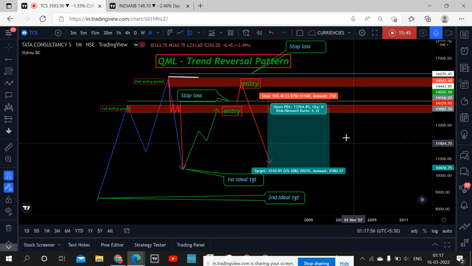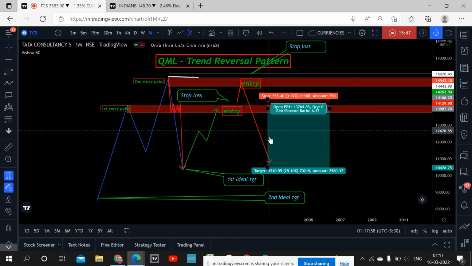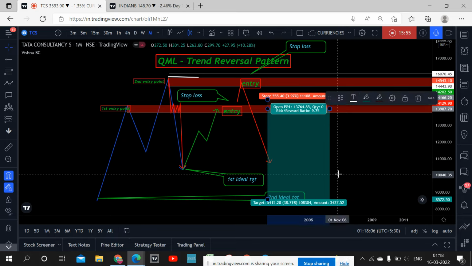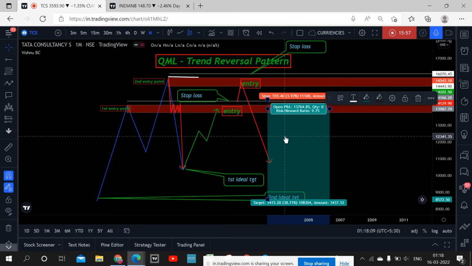For example, your stop loss is only 555 points, and your first target is 3510. And if you see, your second target is 1 is to 9, almost 1 is to 10. And here, since we are seeing the TCS stock, the price is like this. But your risk reward ratio is nothing but 1 is to 6 or 1 is to 10.